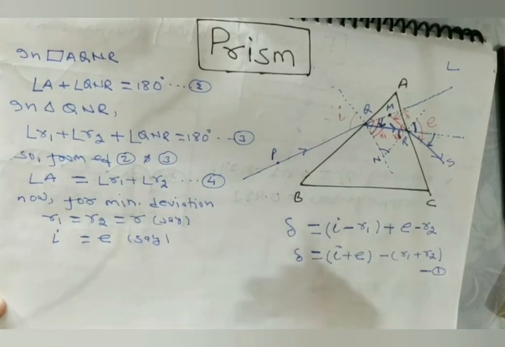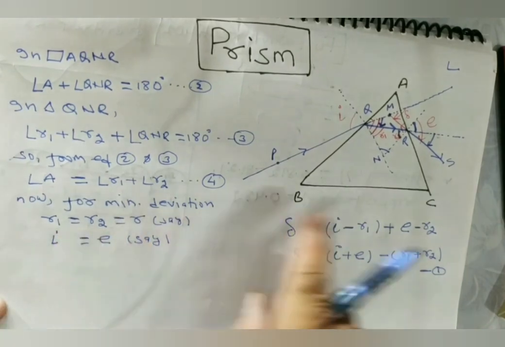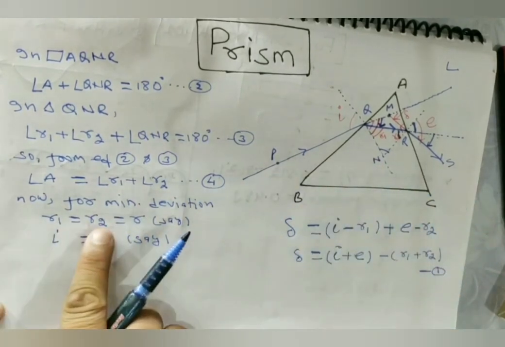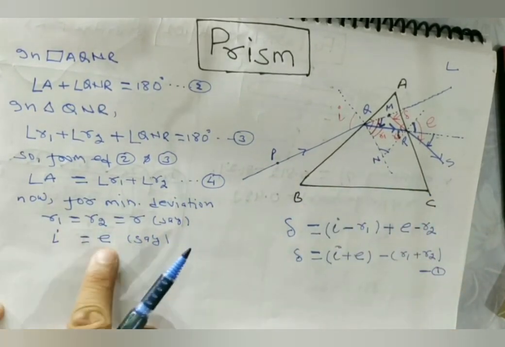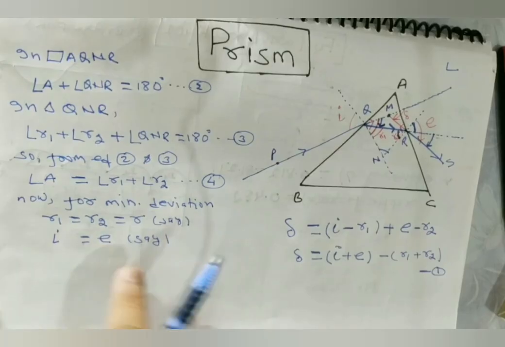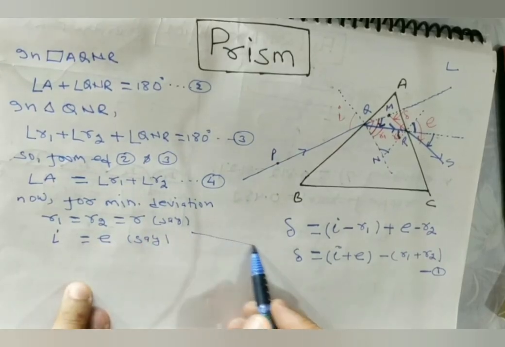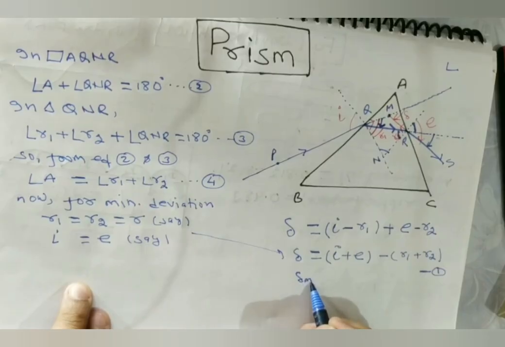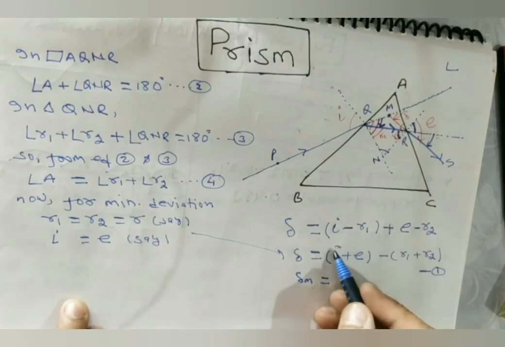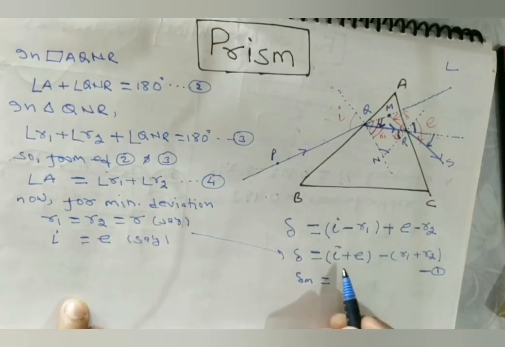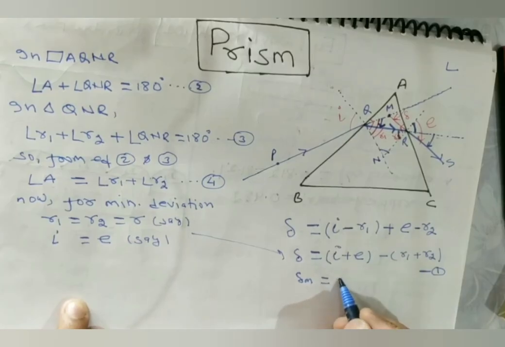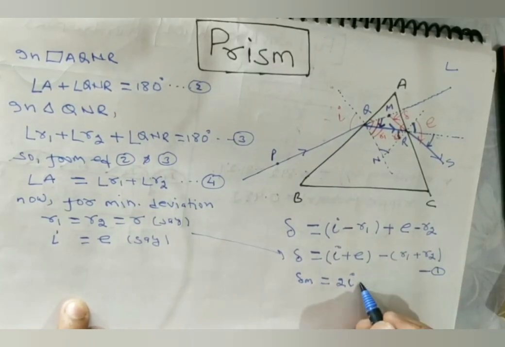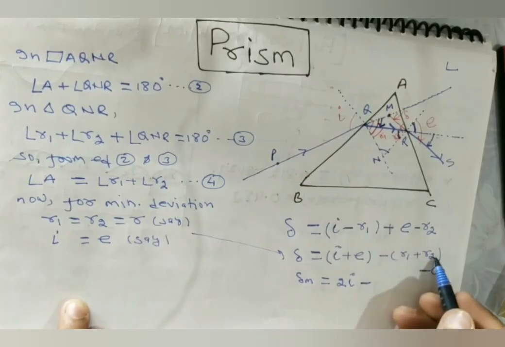We applied the condition for minimum deviation: R1 must be equal to R2 and I must be equal to E. By this condition, delta becomes delta M, and we can say this is 2I, because I and E are equal, minus R1 plus R2.